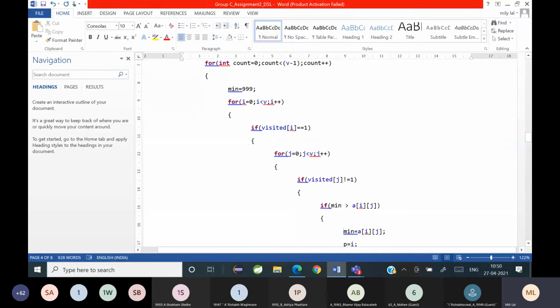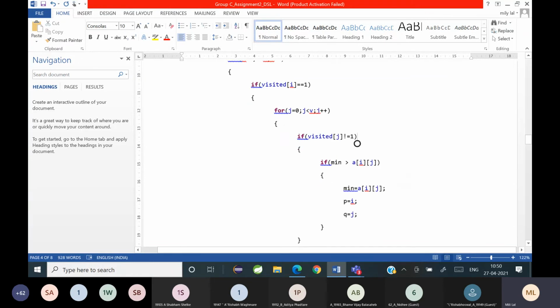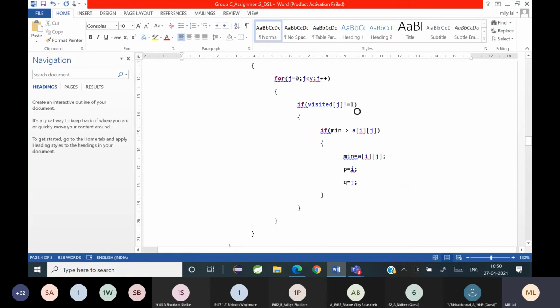And now when you select one vertex, you make it visited as 1. If the visited is 1, that is the vertex which you have selected, then you traverse for the next vertices such that visited is not equal to 1, and you find out if the minimum value right now is greater than the value of the selected vertex.